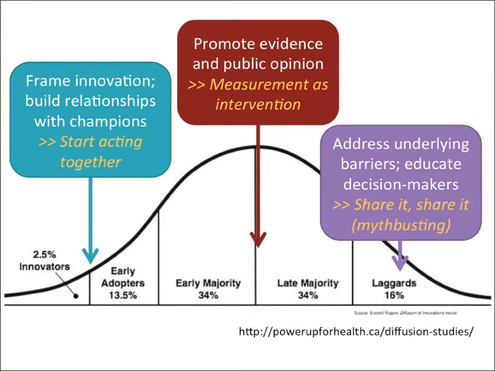Finally, a strategy that the Policy Readiness Tool recommends for communities that are more cautious or more conservative in terms of policy change is to get at these underlying barriers and begin to educate decision makers.